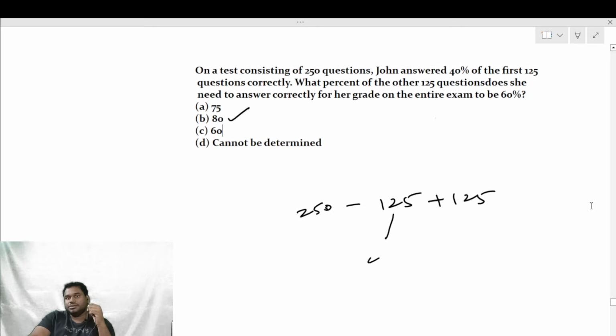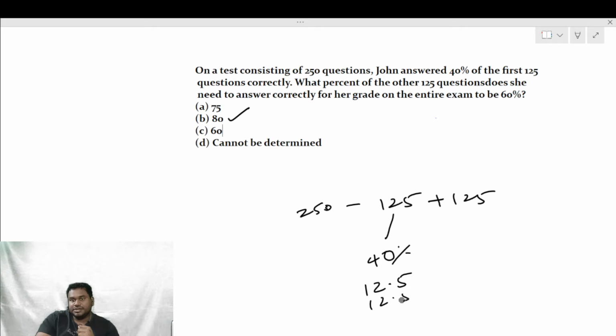If we use a pen, how can you solve? In the first 125, she got 40% correct. 10% is 12.5, so 25 is 20% and 40% is nothing but 50 marks. So she got 50 correct in 125.